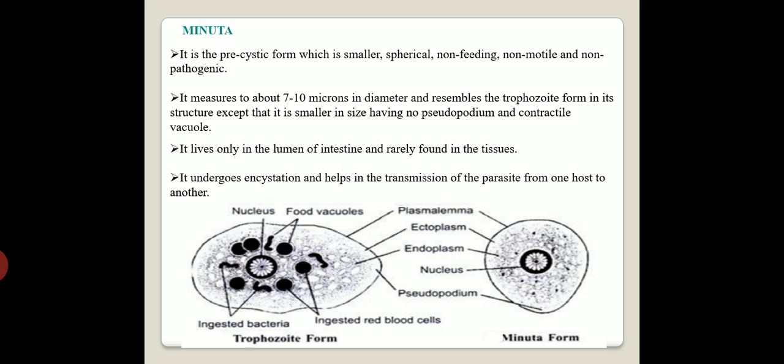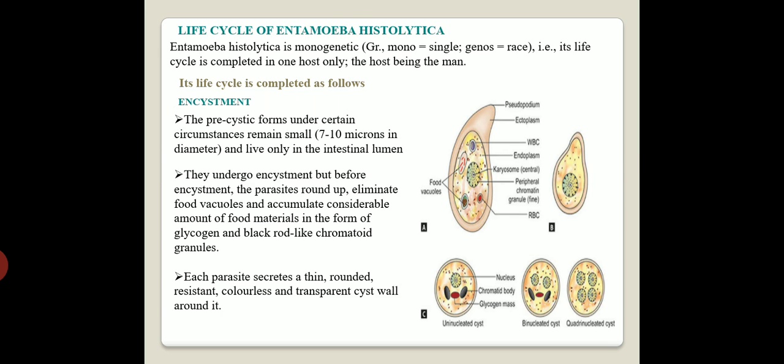It lives only in the lumen of the intestine and is rarely found in the tissues. It undergoes encystation, forming the cyst wall, and helps in the transmission of the parasite from one host to another.